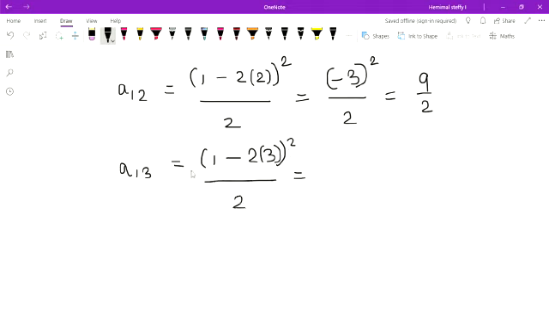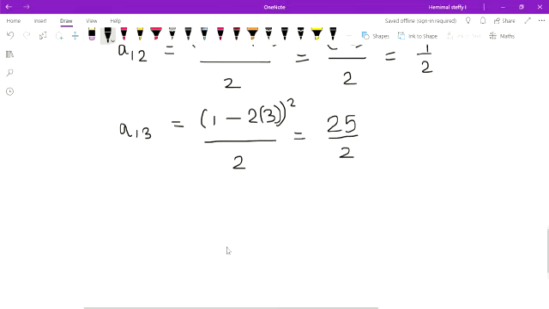You know that 2 3s are 6. 1 minus 6 equals minus 5 whole square. Minus 5 whole square gives 25 by 2. Is it clear now? I am not explaining more, so you know how to do that.